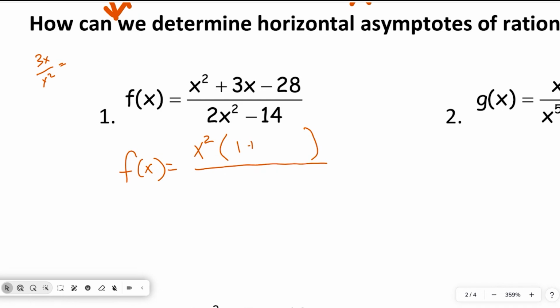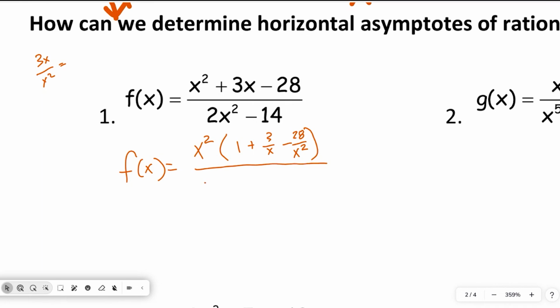Okay, so plus 3 over x, and then minus 28 over x squared. Right? Does that seem reasonable? Okay, very good. And let's do the same thing with the denominator.